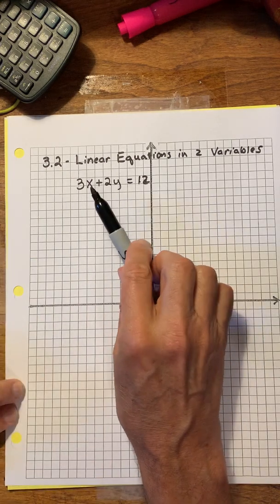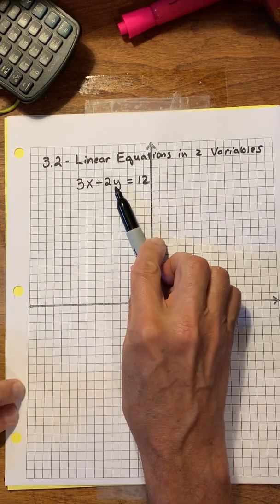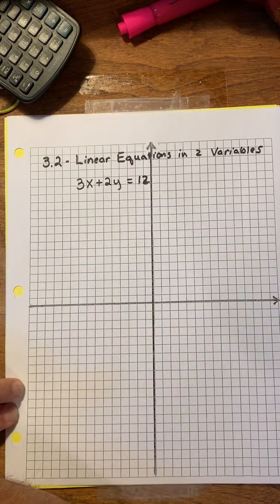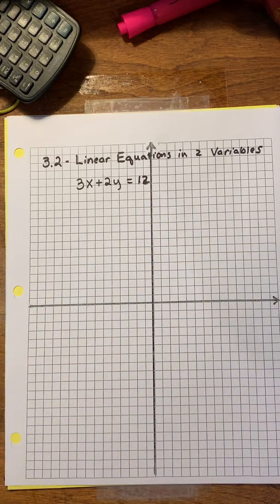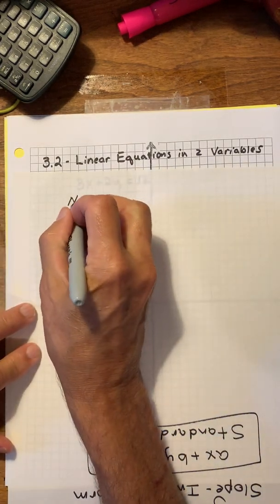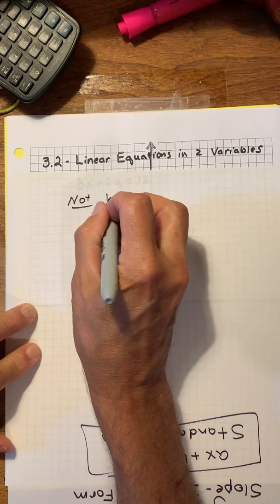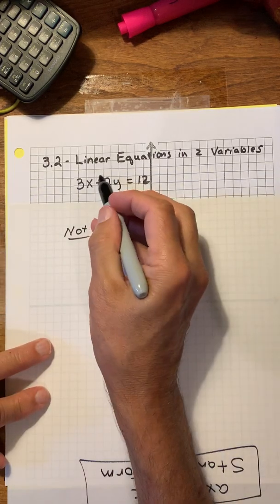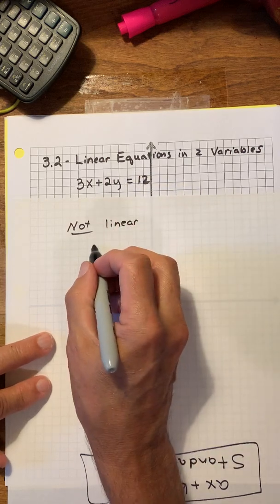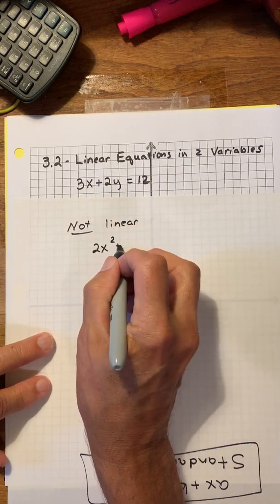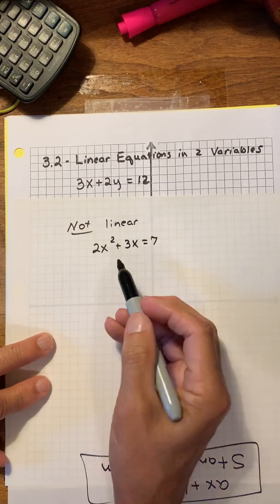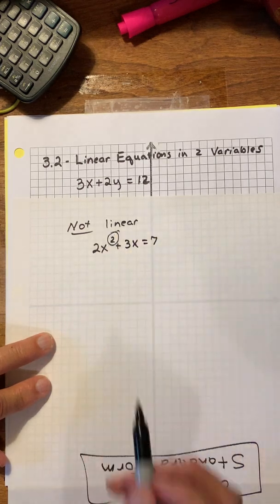If you have an equation that just has x's and or y's and numbers, then you have yourself a linear equation. Let me be real specific about that. It's not linear if you have a power other than just the understood one here. For instance, this is not linear because of that right there.